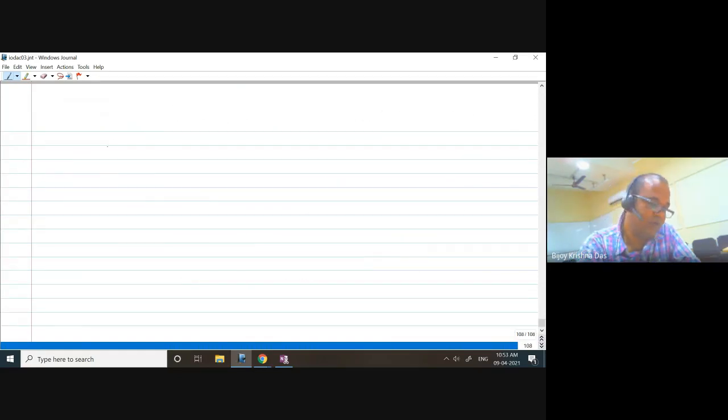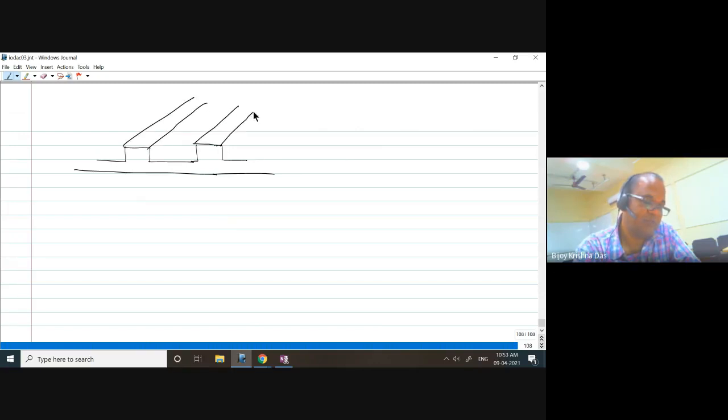If you have a waveguide here, this is your waveguide, and then you have another waveguide present here. Both waveguides are, suppose, parallel, like this. This is waveguide 1, and this is waveguide 2.